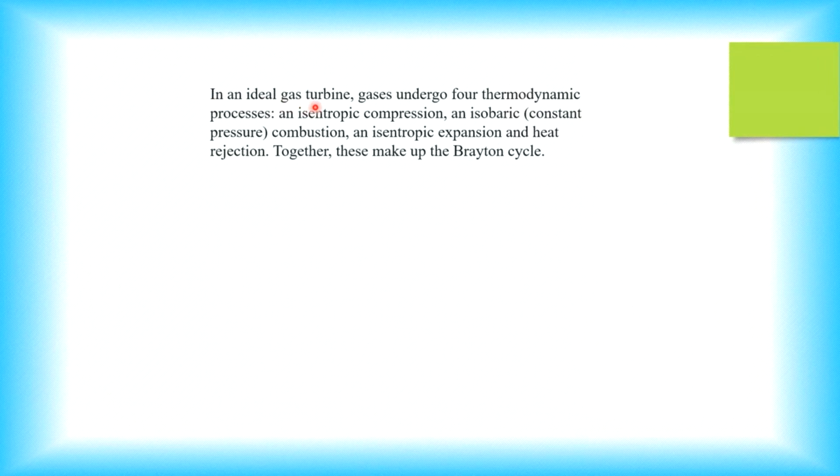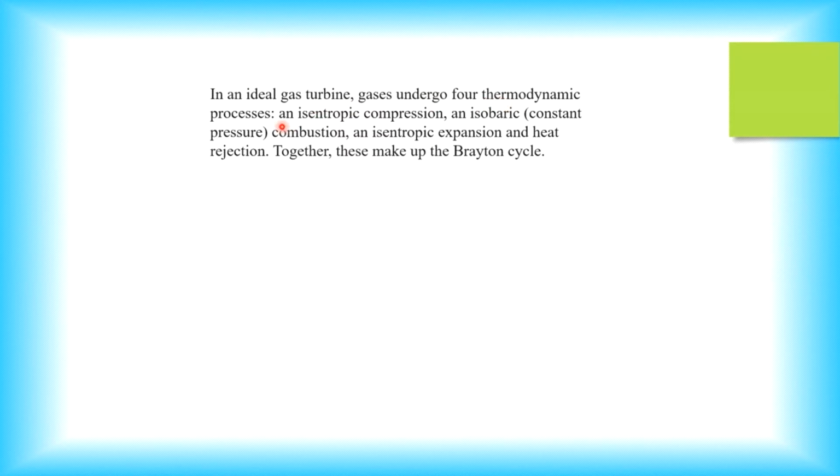So in an ideal gas turbine, gases undergo four thermodynamic processes, which we have done earlier in the earlier part of gas cycles, which we call the constant pressure cycle.